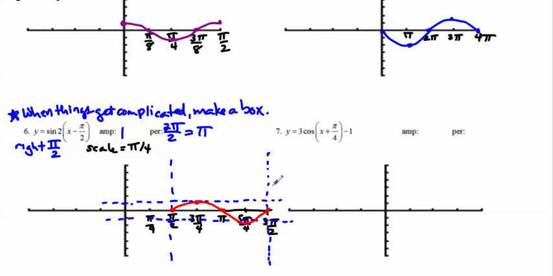Okay, next one. This time the 3 has changed my amplitude. There's no number in front of the x, so my period has not changed. My period is still 2 pi. And since my period is still 2 pi, I can still mark my x-axis with pi over 2, pi, 3 pi over 2, and 2 pi. This time I'm shifting left pi over 4 and down 1.